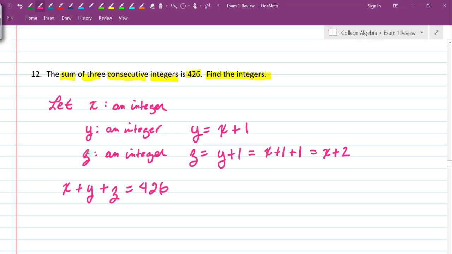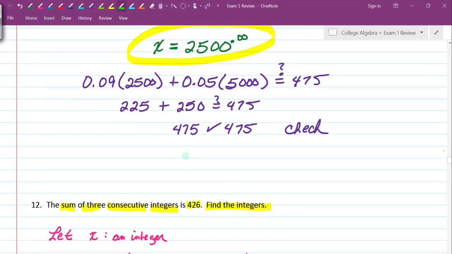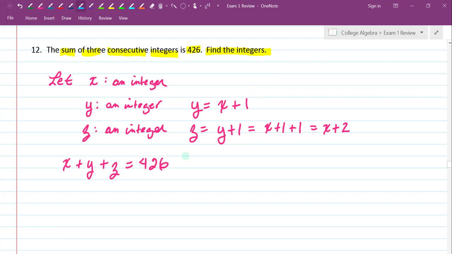So now we can substitute in for y and for z. So z is going to be x plus 2 and y is going to be x plus 1. So let's substitute all of those equations in.